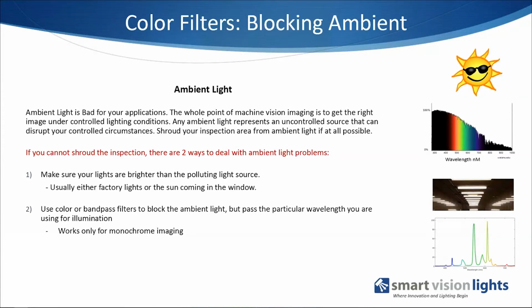So that's where we look at the second way to deal with ambient light problems, which is to use a color bandpass filter to block the ambient light, but pass the particular wavelength you're using for the illumination in your machine vision inspection. We do want to note that this works mostly for monochrome imaging. If you're doing color imaging, obviously you need a full spectrum of color light, and then using narrowband filters isn't necessarily appropriate for that, and we're left for other solutions that we're not going to talk about today.